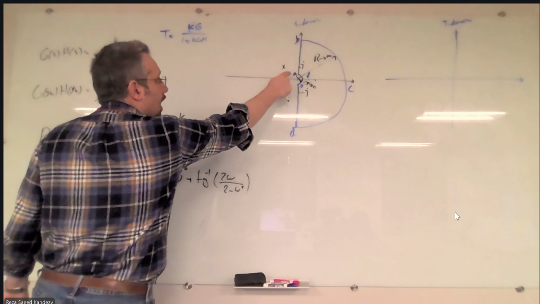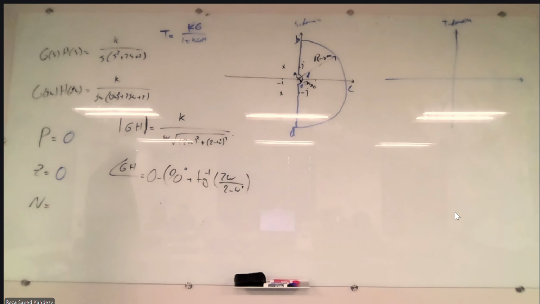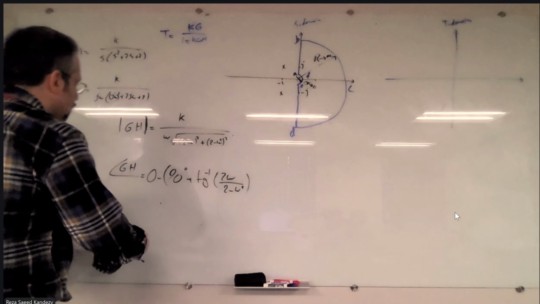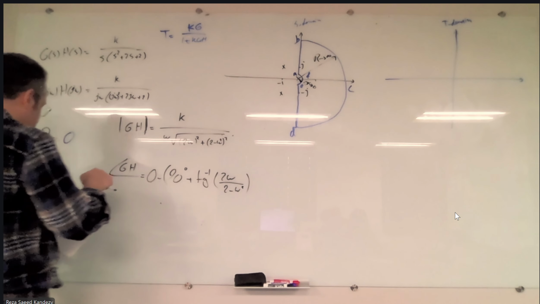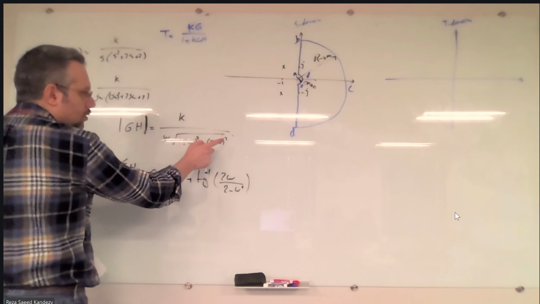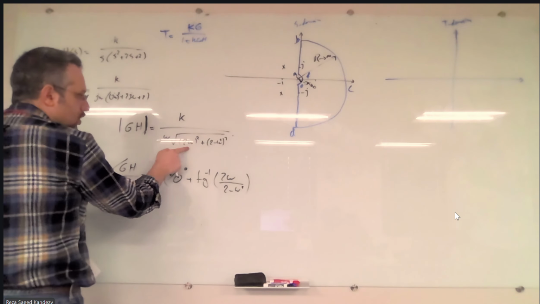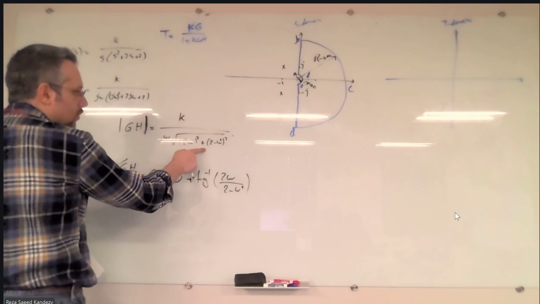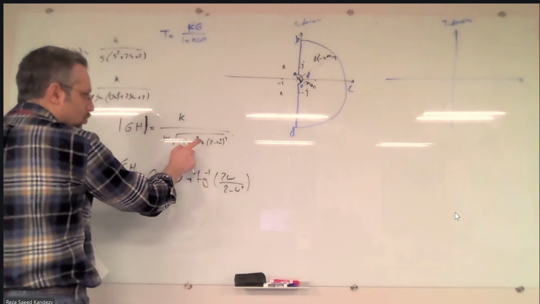Since A happened to be at 0, or our origin, based on our assumption, that means omega goes to 0. If omega goes to 0, this one becomes 2, this one becomes 0, so it's going to be a square root of 2 squared, which is 2.